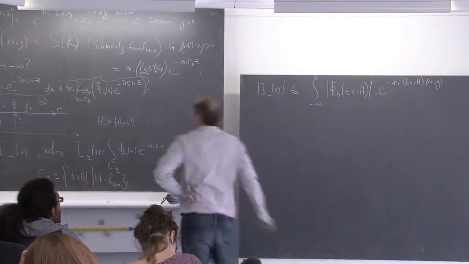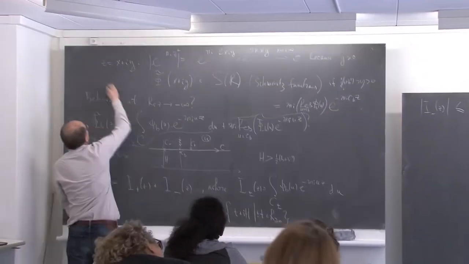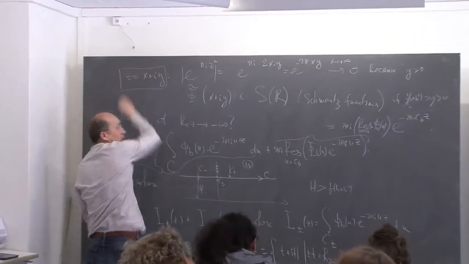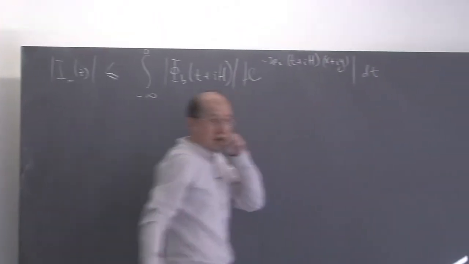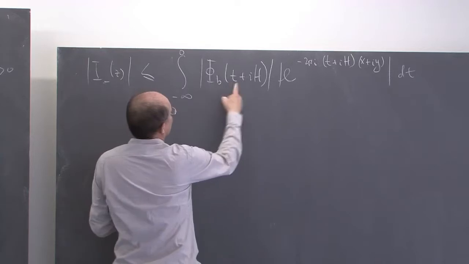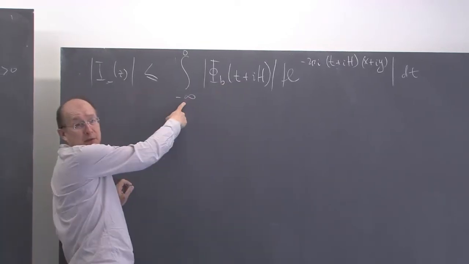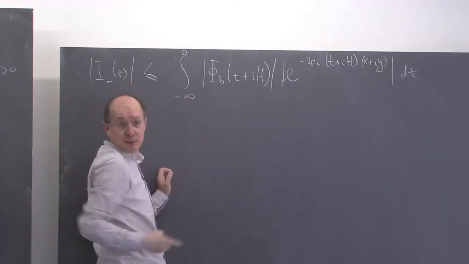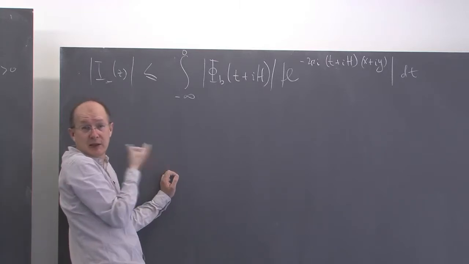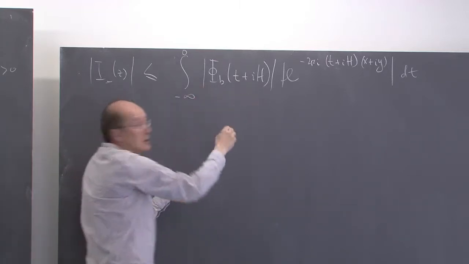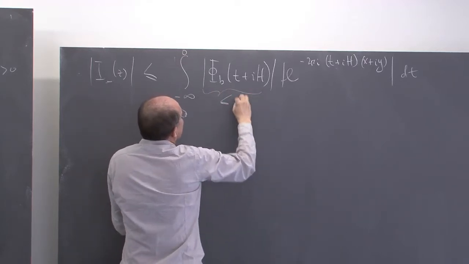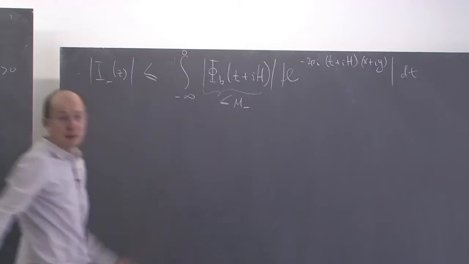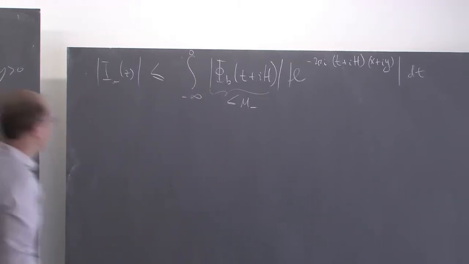The x plus iy is always the expression I'm using for z. So, first of all, t is negative. So this is bounded, because at minus infinity it goes to 1. It is continuous, so this is bounded. So this is less than m minus for some constant m minus.